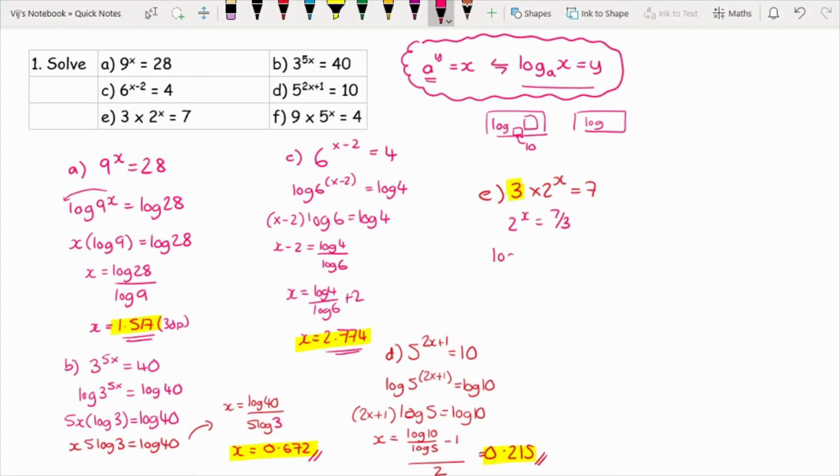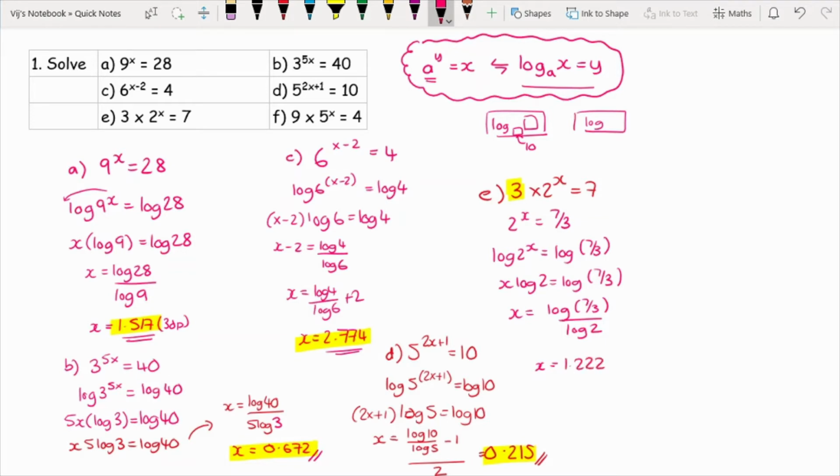I can now take the log of both sides, and even though I've got a fraction, it's still a number, but I'm going to keep it in fraction form. Move the x to the front, and then x equals log 7 over 3 over log 2.